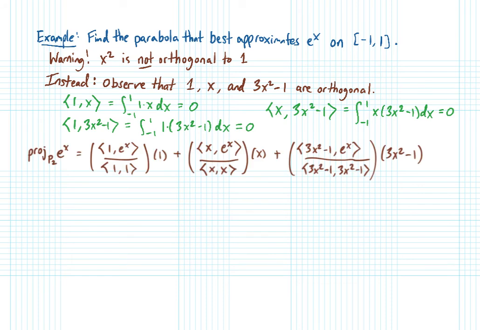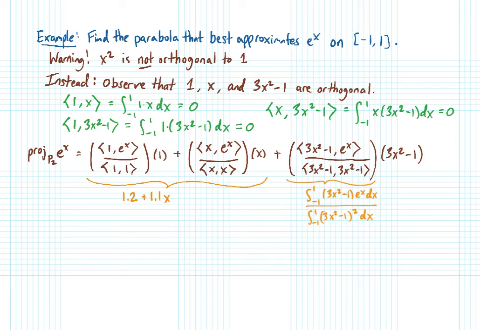And now that we know they're orthogonal, that means that we can use the orthogonal projection formula to project e to the x. Now, the first two terms in this formula are exactly the same things that we calculated in the previous example, where we got 1.2 plus 1.1x. So we just need to calculate this last term and add it in. So to do that, just like with the other terms, the first thing to do would be to rewrite the inner products as integrals, and then we can plug those integrals into a computer and calculate.